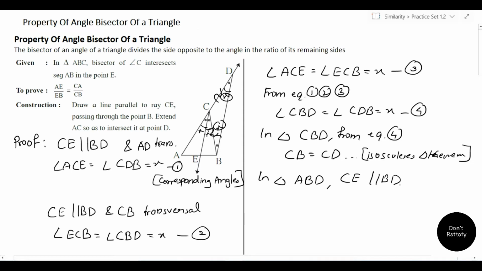If CE is parallel to BD, then can I apply basic proportionality theorem? Right. So, by basic proportionality theorem, that is by BPT, can I say AC upon CD is equal to AE upon EB?